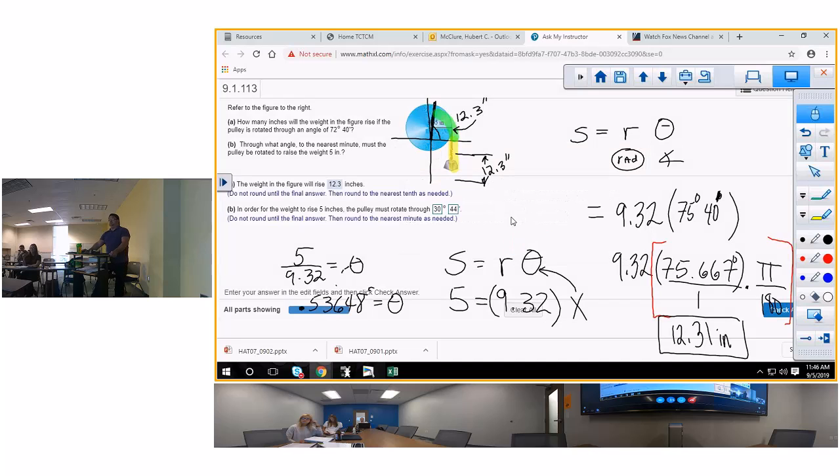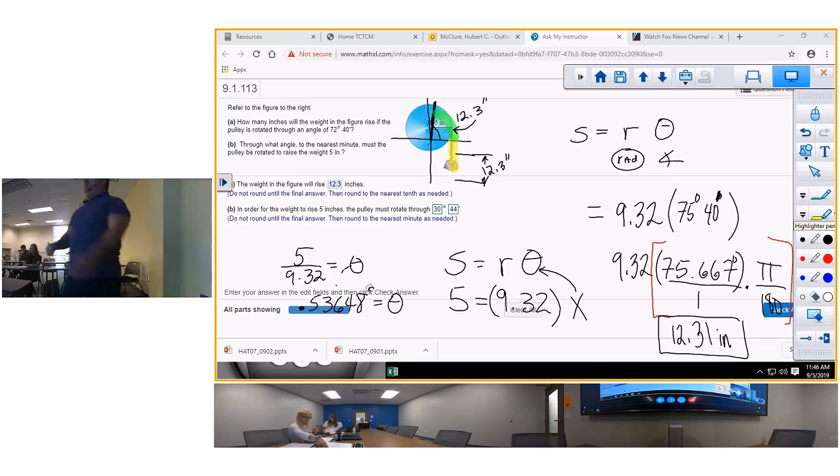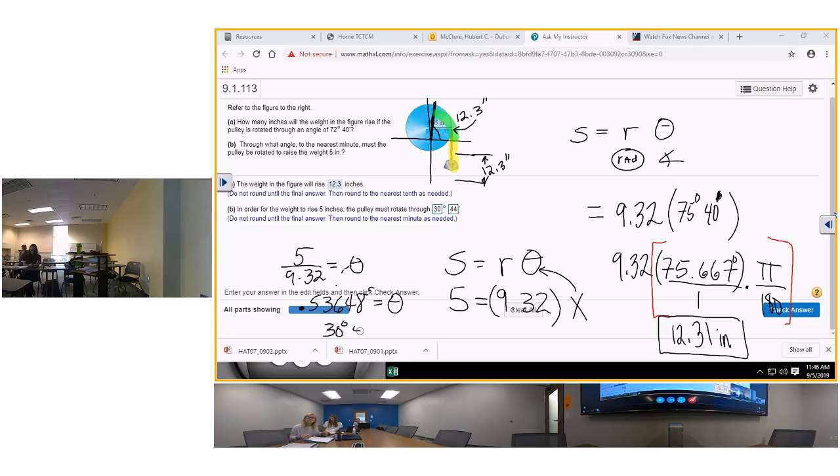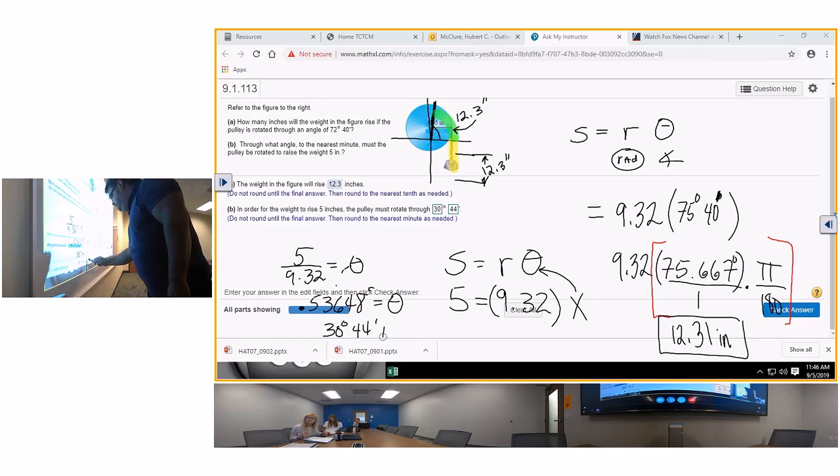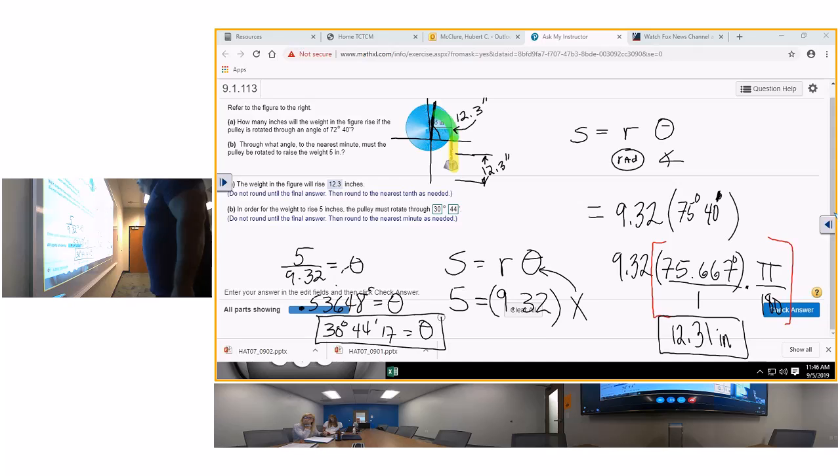It probably wants... Oh, why did you change the radius? Okay, the question changed. That's why it's not doing it. So somebody give me the answer to that one. 30 what? It was 30, 44 what? 30, 44, 17. That's the answer to this question that Miss Billy sent.